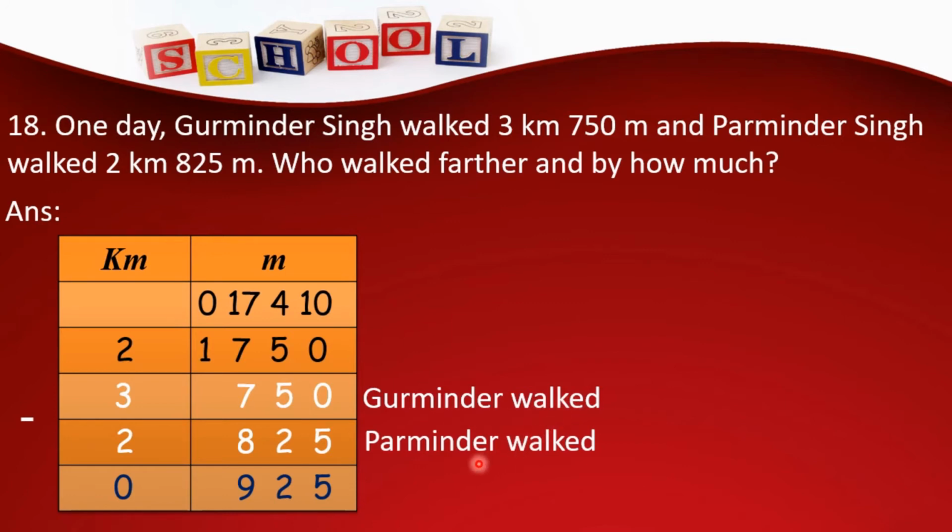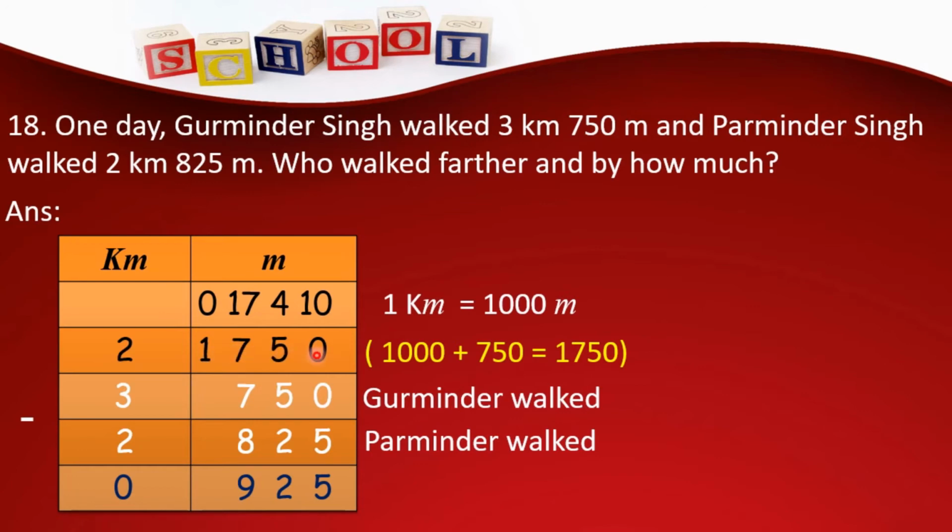So we need to subtract 825 from 750, which is not possible as the number 825 is bigger than 750. So we borrow 1 kilometer from the kilometers column, which is equal to 1000 meters, and to that 1000 meters we add 750. So in total we have 1750 meters in the meters column.